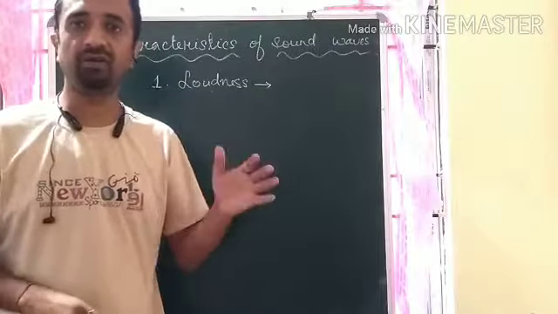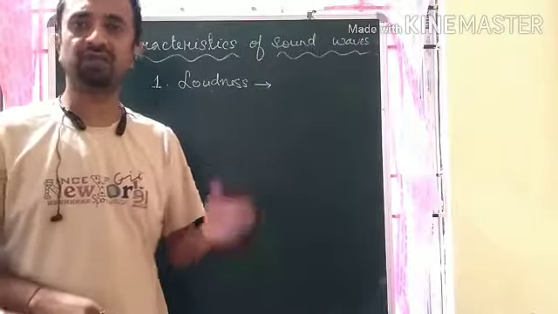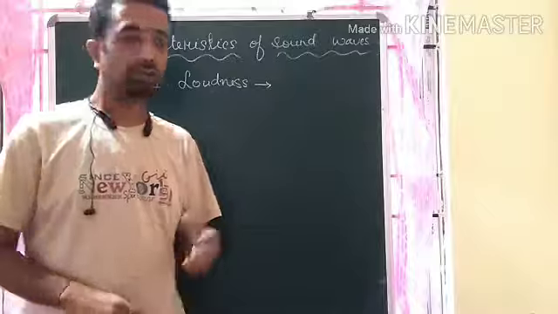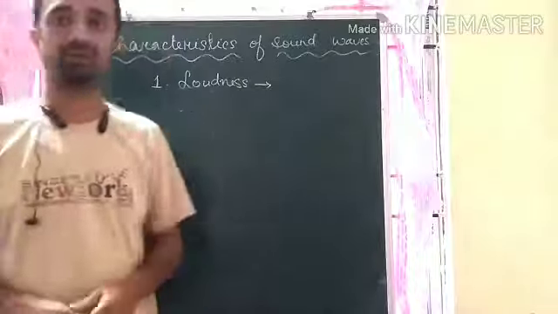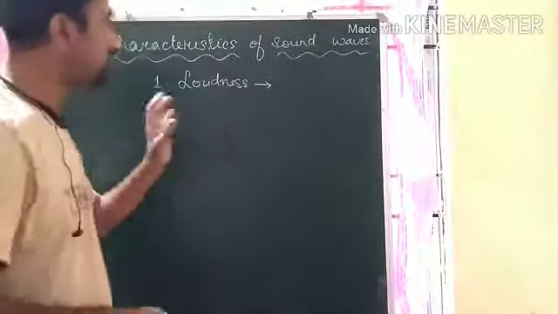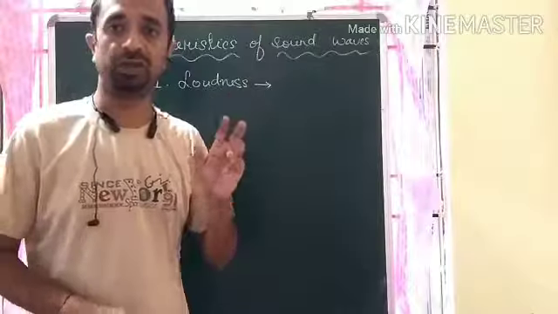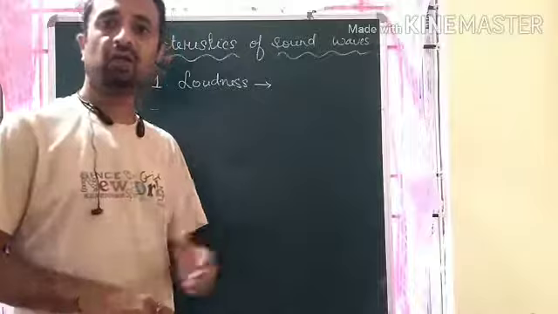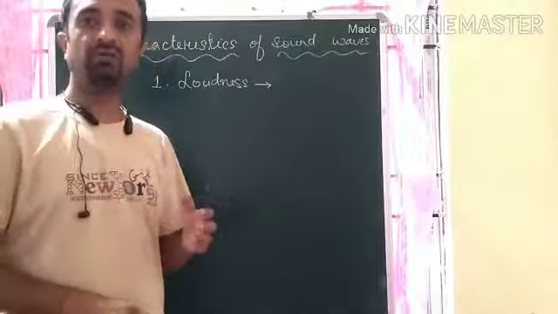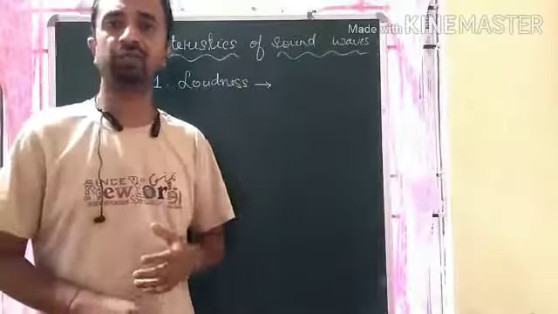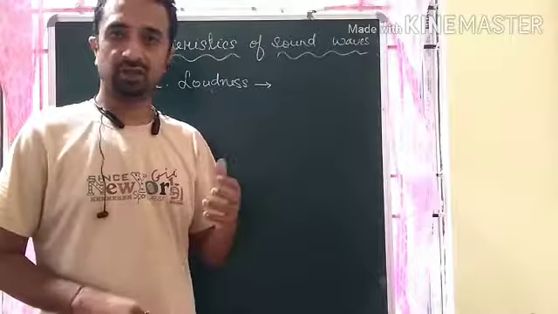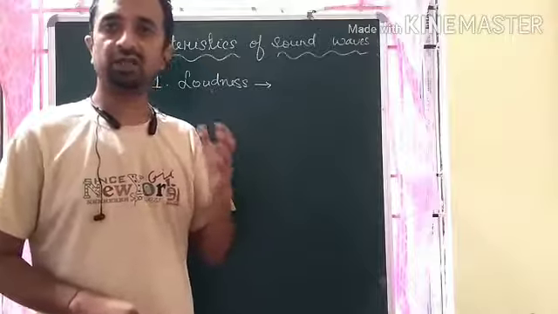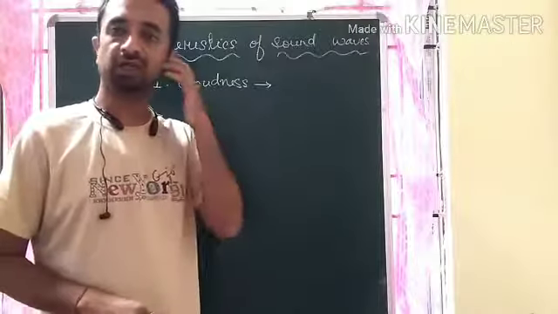The rustling of leaves produces a feeble sound. So what determines the loudness of a sound? It is basically the amplitude of the sound wave which determines the loudness of a sound. A sound wave which has greater amplitude has a loud sound, and a sound which has smaller amplitude has a soft sound.